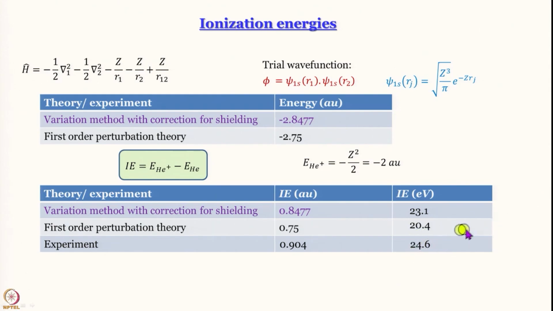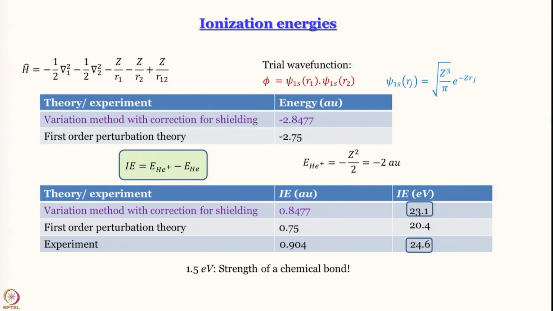So, 20.4 electron volt is definitely very far away from 24.6 electron volt. Is 23.1 close enough? Well, definitely better than 20.4, but the difference between the number calculated from variation method and the number obtained experimentally is 1.5 electron volt.